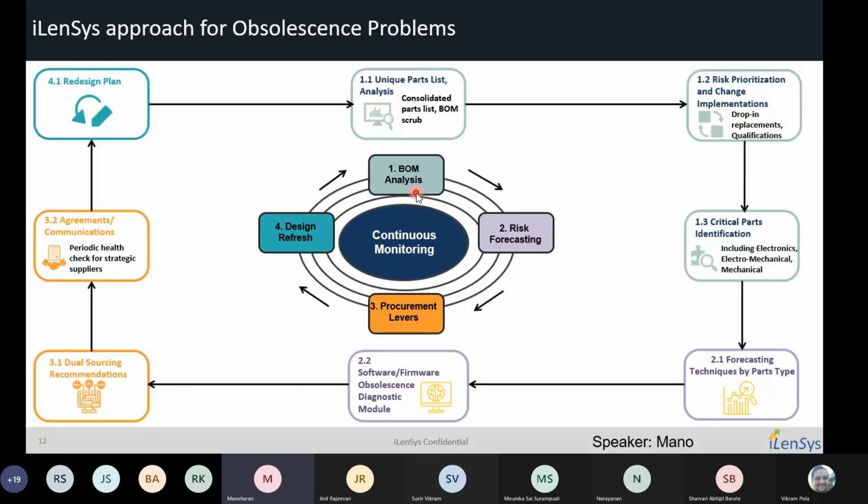And then from there we do the analysis for the risk, and the risk we look at in multiple ways. One is the end of life risk, NRND or last time buy, within the life cycle. Or is it active?